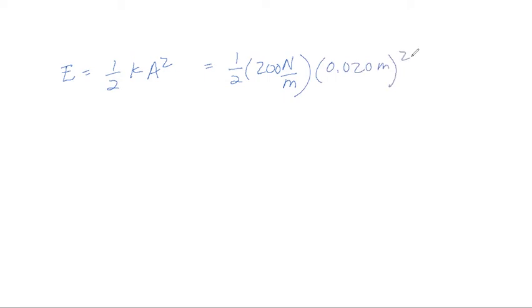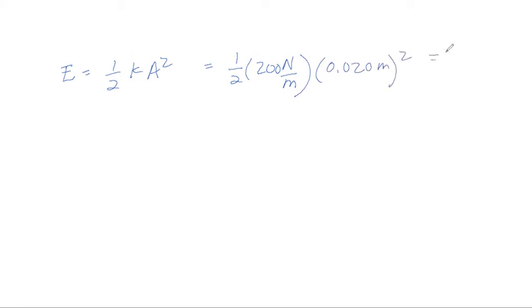All right, now we are to find the total energy, potential energy, and kinetic energy at this position. Total energy is E equals 1/2 k A squared. And that's going to be 1/2 times 200 newtons per meter times 0.020 meters, quantity squared.